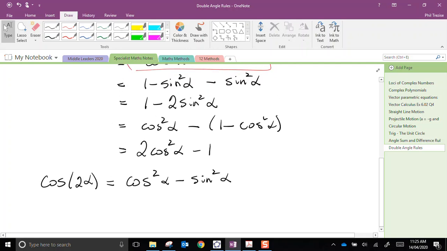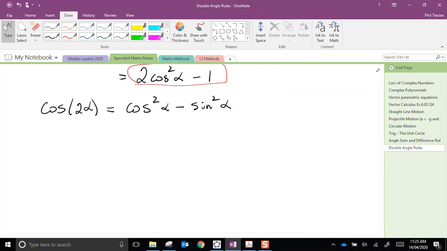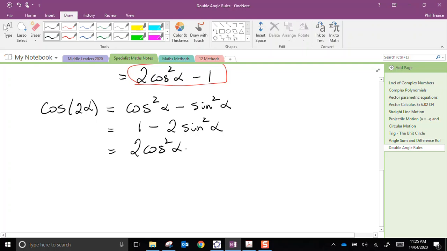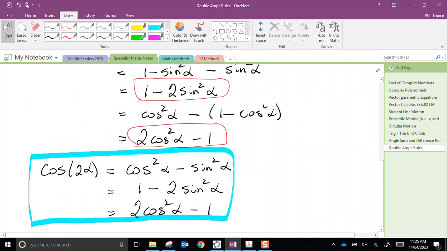The second one, 1 take 2 sine squared alpha, and there's the third one, 2 cos squared alpha take 1. Now there's 3 different ways you can deal with the cosine of a double angle. Really just remember the first one, and then if you need to change the expression, use the Pythagorean theorem. If you remember the first one, you'll be in business.